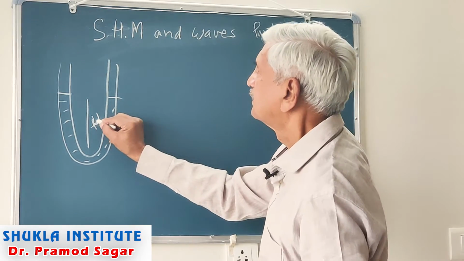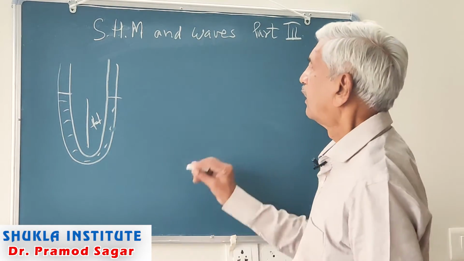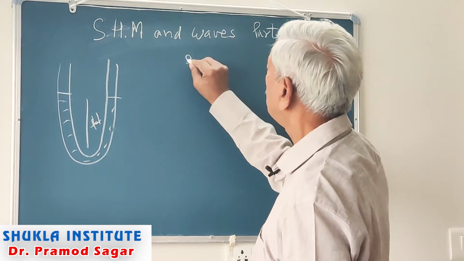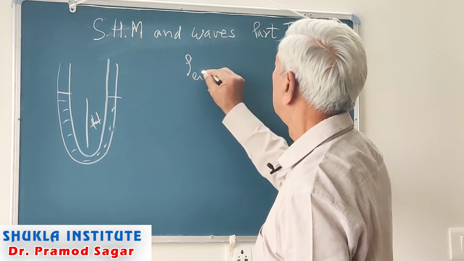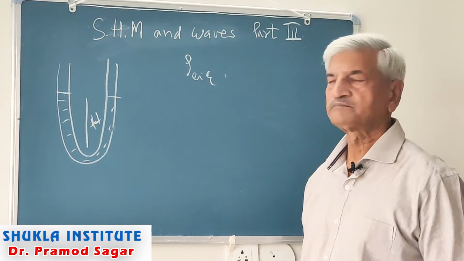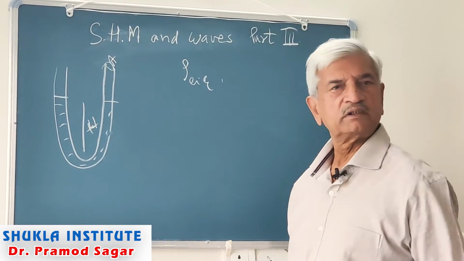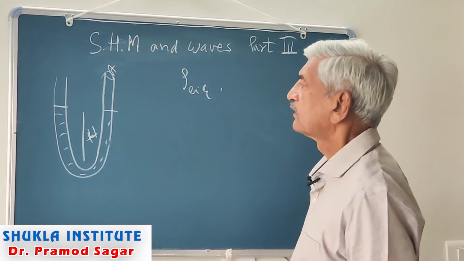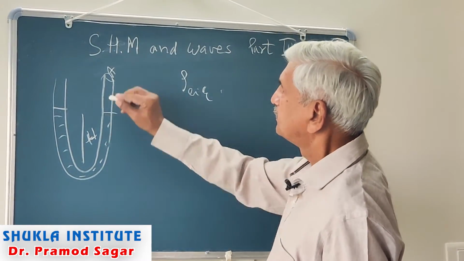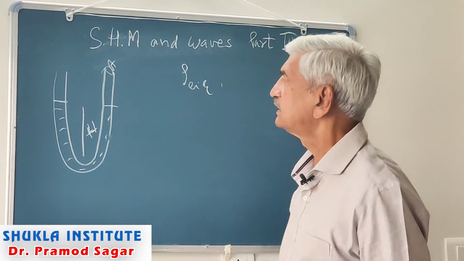Let us say this U tube contains liquid of density rho and height h. The area of this capillary is capital A, and the total height of the liquid in this capillary is 2h, as we can see.